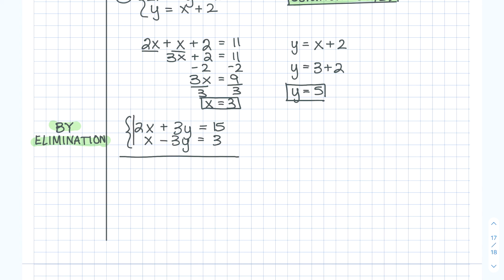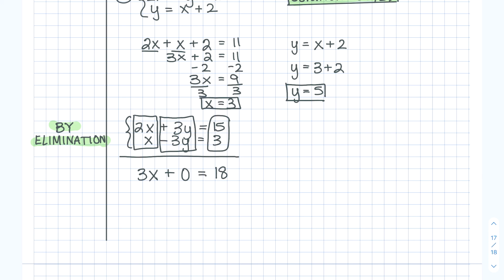2x plus x is 3x if I combine like terms. 3y minus 3y is 0. Bring down my equal sign. 15 plus 3 is 18 if I combine like terms.